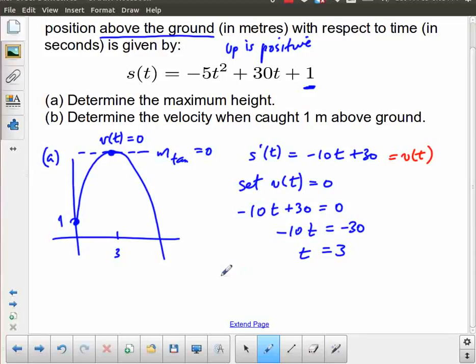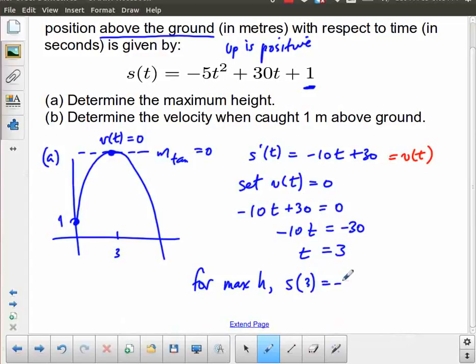So to find the maximum height, I need to, I'm not using h, we're using s here. I need to find s of 3. I need to find the height at this time.